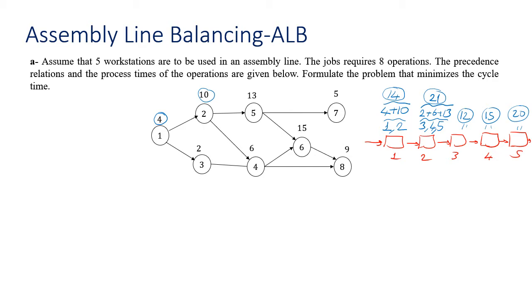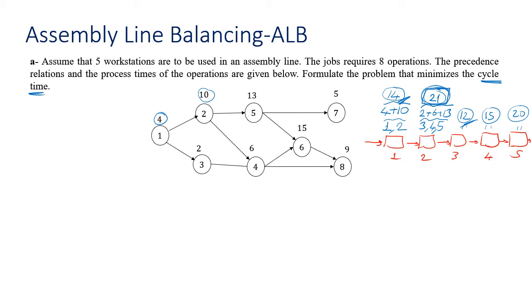The slowest one, called the bottleneck station, determines this time, and the time of the slowest station, which is 21 in this example, is called the cycle time of the line. It means that every 21 minutes, one part will be produced. It doesn't depend on this one, 14, or this one, 12, because in order to process a part, you need at least 21 minutes.